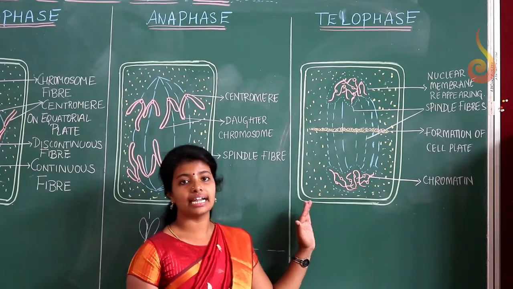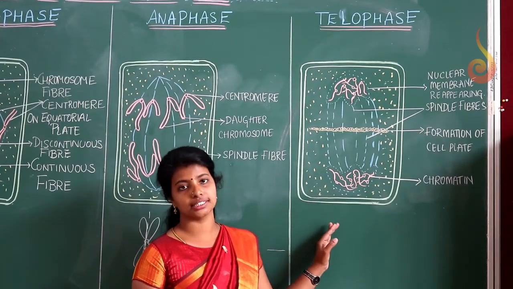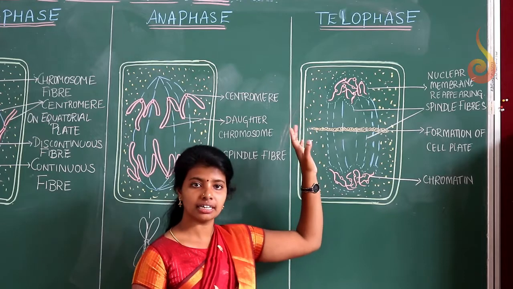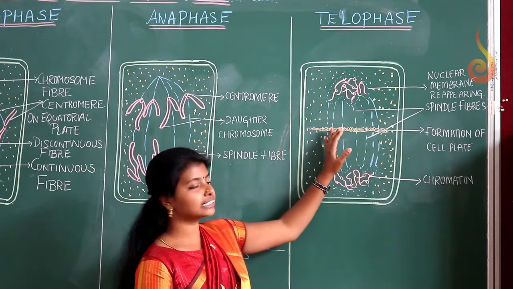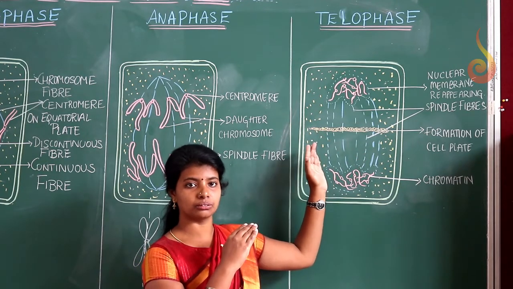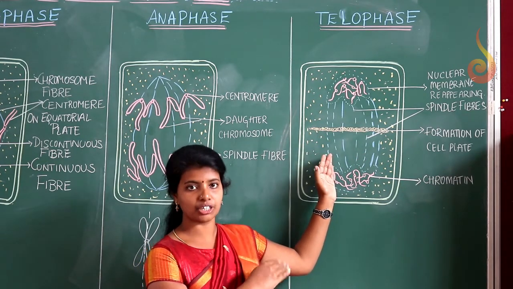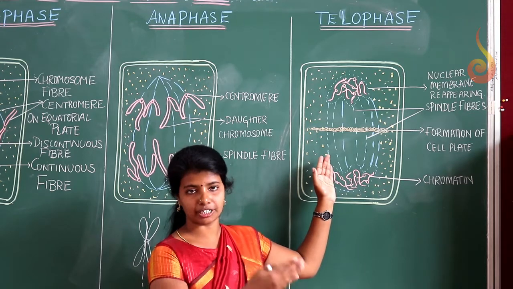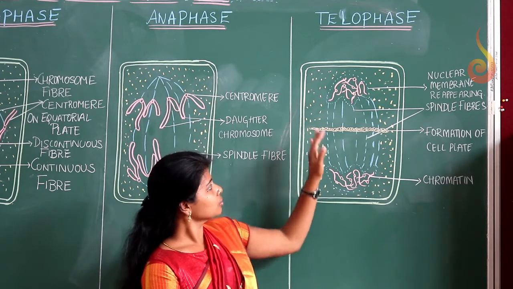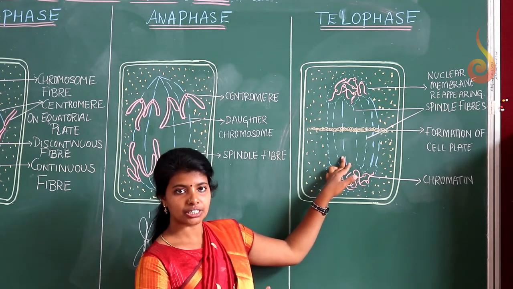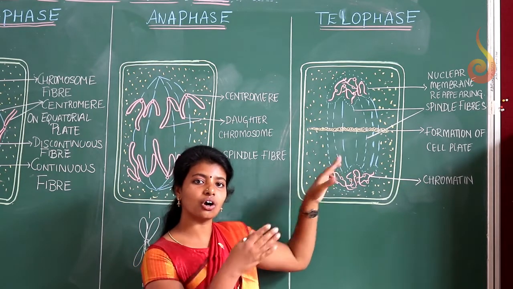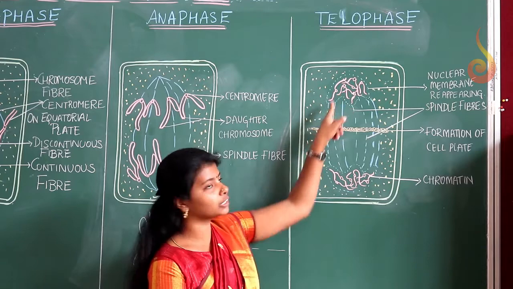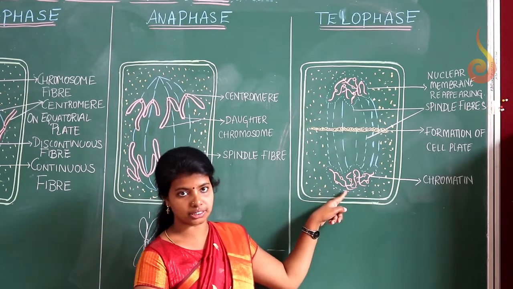Now to the last stage of mitosis, that's telophase. Telo means end, the last stage. So this stage is very easy to identify when you are focusing through the microscope. Now in telophase stage, what we observed in anaphase, the chromatids got separated and they moved to the opposite poles.